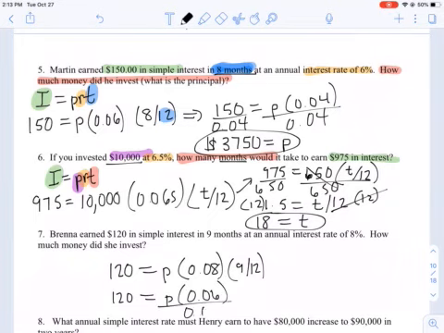We're going to divide. And we're going to get 2,000 for our principal. So they invested $2,000 at 8% for 9 months. There you go. That's simple interest.